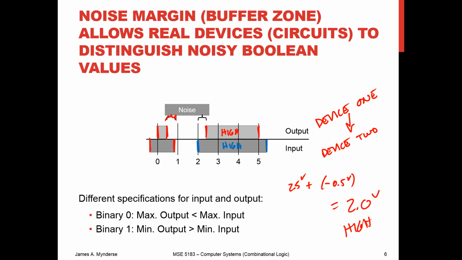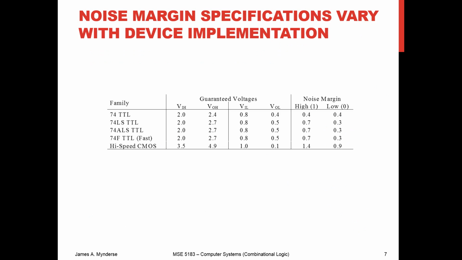So for a particular type of IC, for a particular standard, we choose a noise margin that's appropriate. And so here's some examples for the 7400 series TTL chips. The low noise margin is 0.4 volts, and the high noise margin is 0.4 volts. But this high-speed CMOS is going to use a low of 0.9 and a high of 1.4.